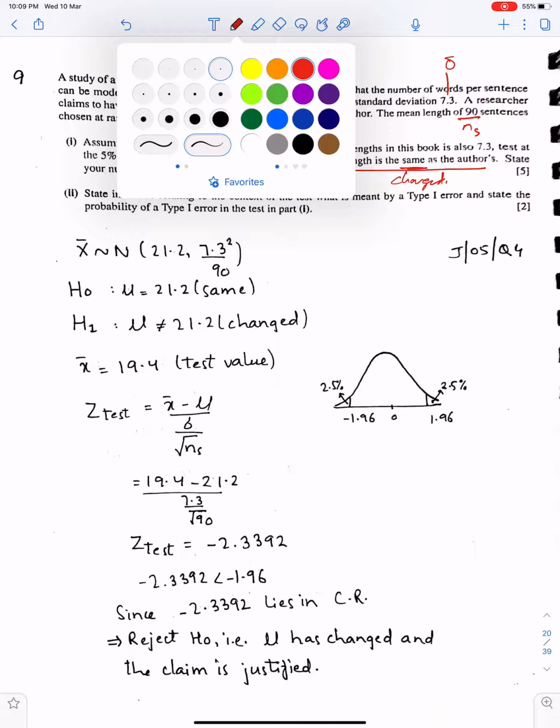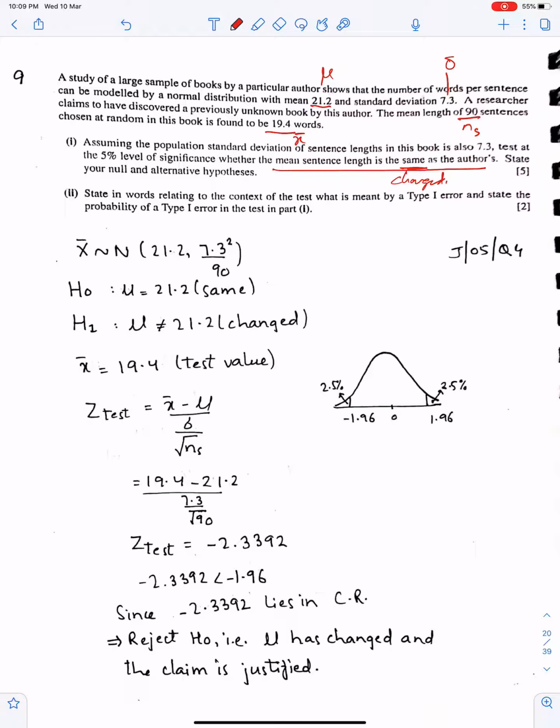You are looking for a change in H1. So this is a two-tail test. So this 5% will be divided into two parts, 2.5% here and 2.5% here. And you can get this value from your table or calculator, 1.96. This total is 97.5%. So this number is 1.96. Therefore, this must be minus 1.96.